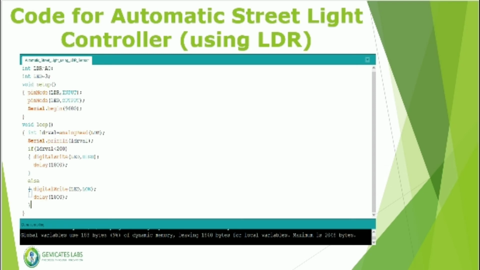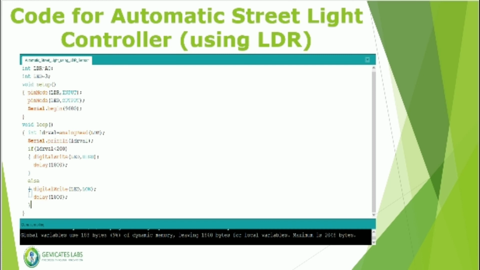Coming to code, we have initialized an LDR to analog pin of Arduino because LDR is analog sensor, and LED to third pin of Arduino, and in pin mode we have made LDR as input and LED as output, and taken LDR value variable of int data type and assigned with analog read of LDR.